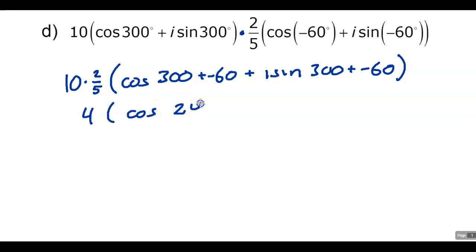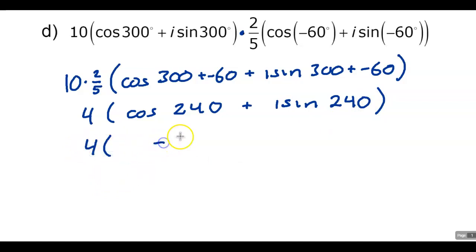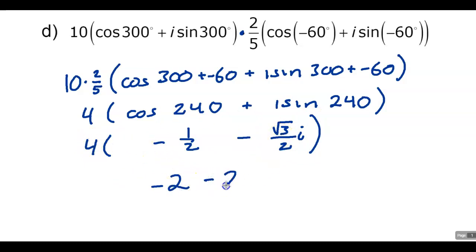Back to 240, we used that earlier, and it still has the same values of negative 1/2 and negative √3/2 i. Half of 4 is 2, so negative 2. There we go.